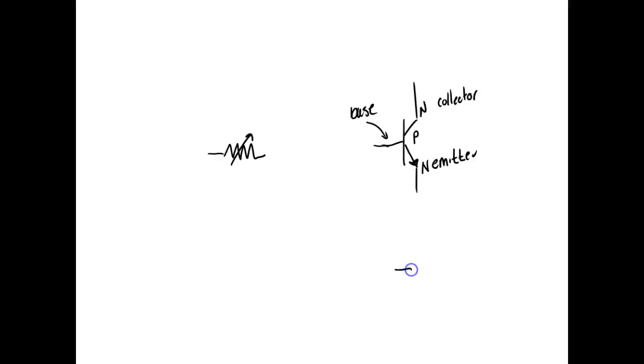A PNP transistor, the arrow would be pointing in. All this deals with the polarity of the voltages these two operate on. Usually a PNP operates on a negative voltage, an NPN operates on a positive voltage. We can connect the leads differently, but generically speaking.